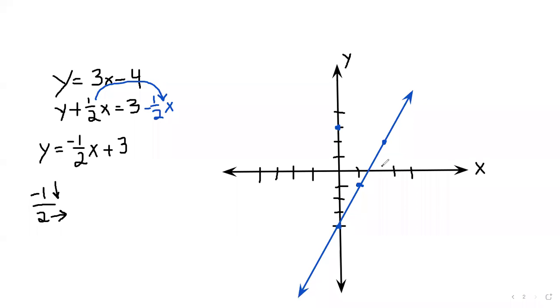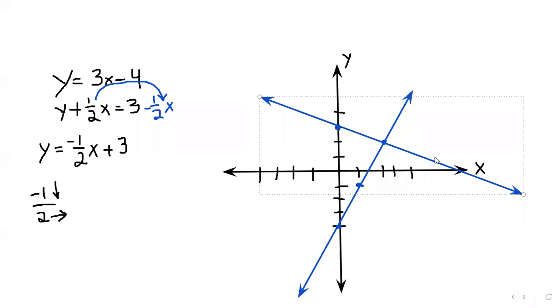So this is going to be 2 here. Not quite scientific and exact, but you get the idea. So now we can connect those 2 dots and draw our line. It'll be right about like that. Again, it's not terribly scientific, but there we go.